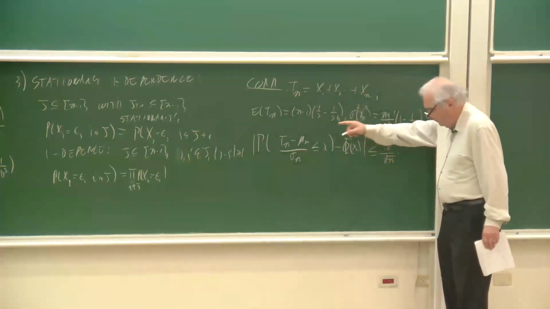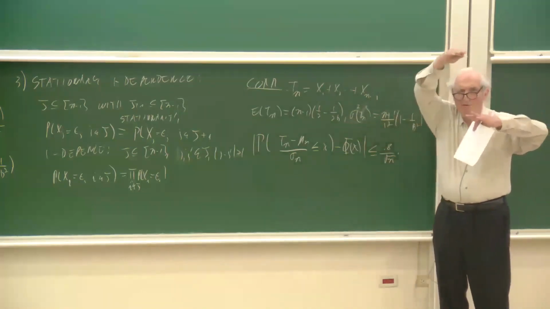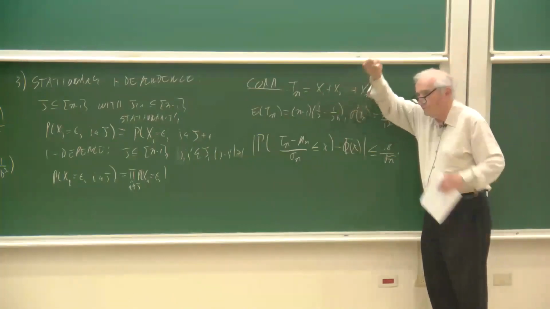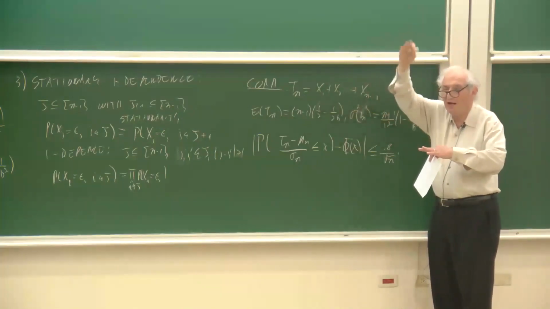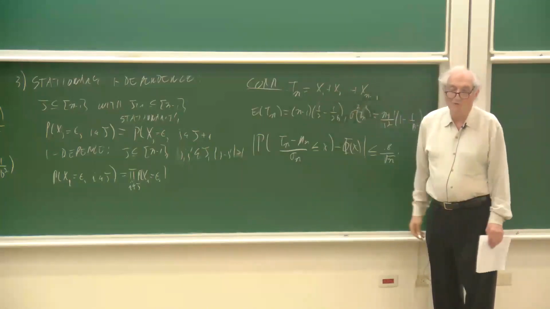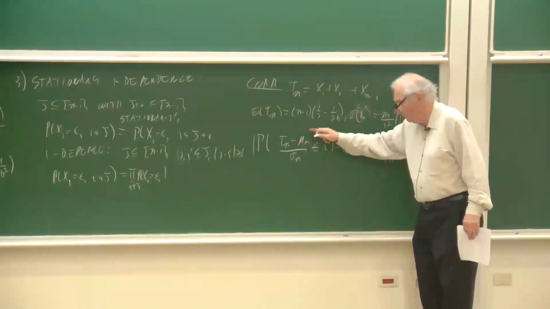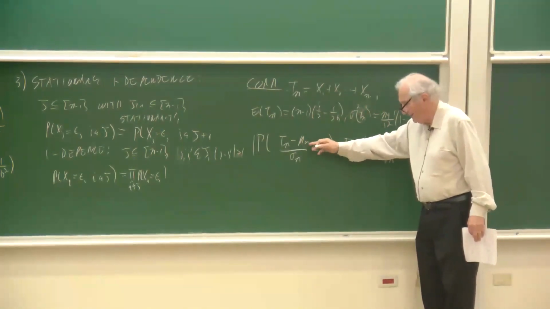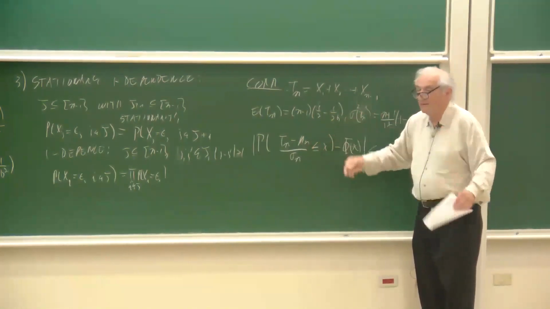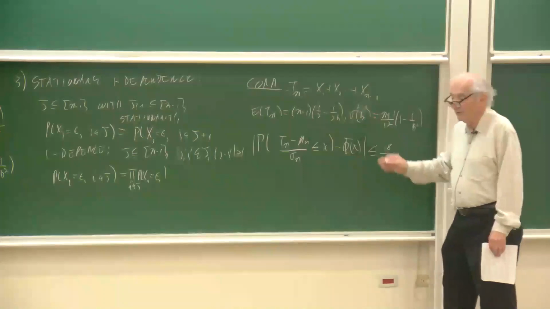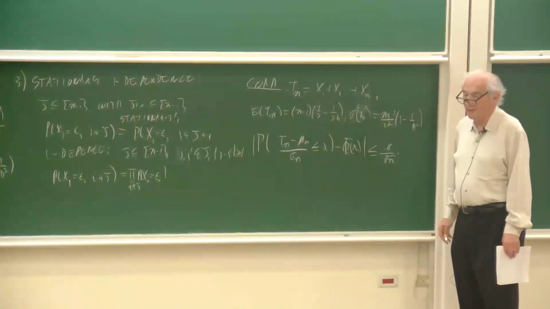But so how many carries are there? Well, there are around this number times the length of your column, so around n over 2, a little less. And if you subtract off the mean and ask what's the chance that it's within 3 standard deviations of the mean, it's given by the area under the bell-shaped curve to the left of x.